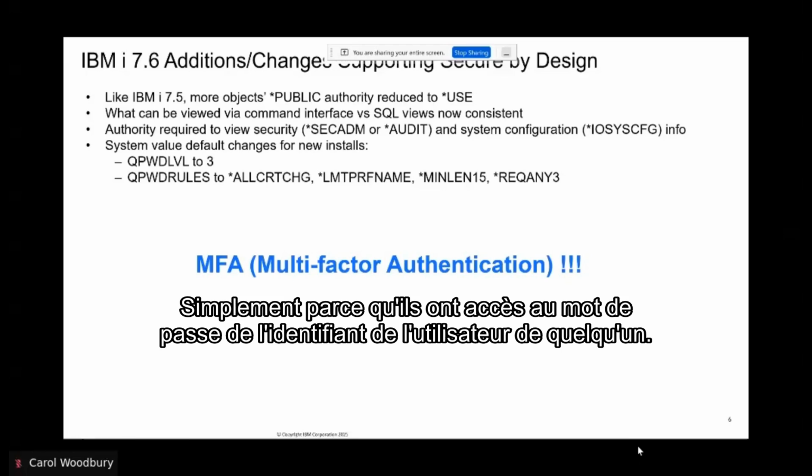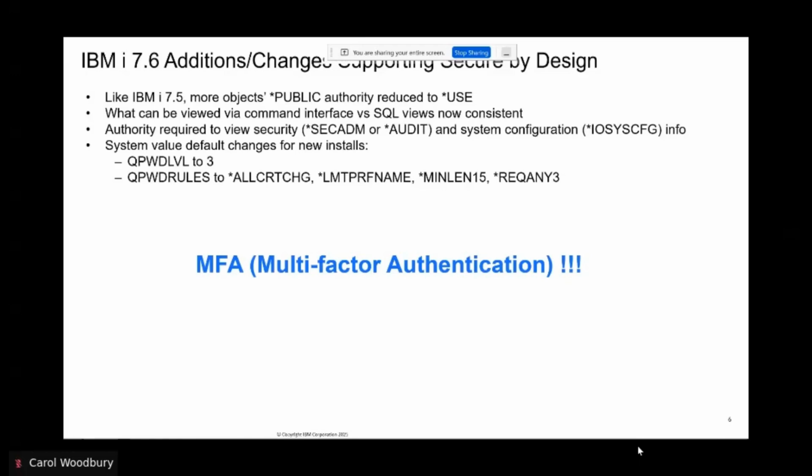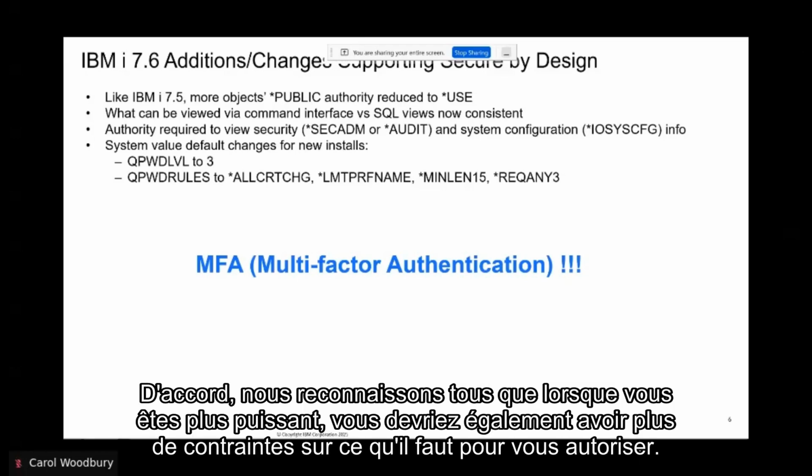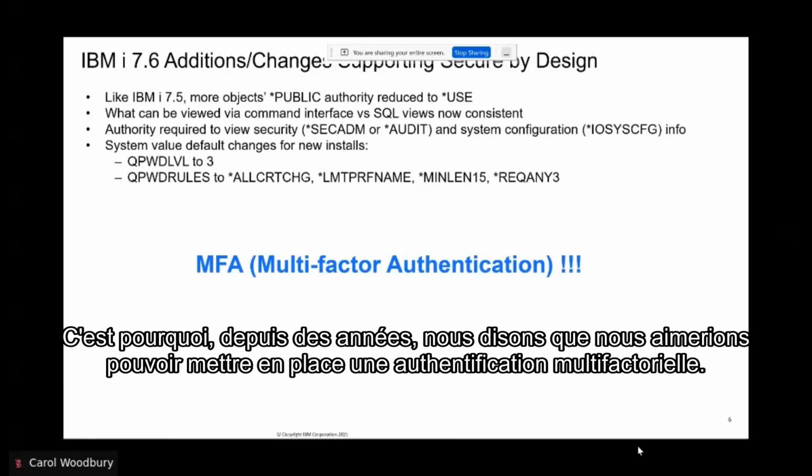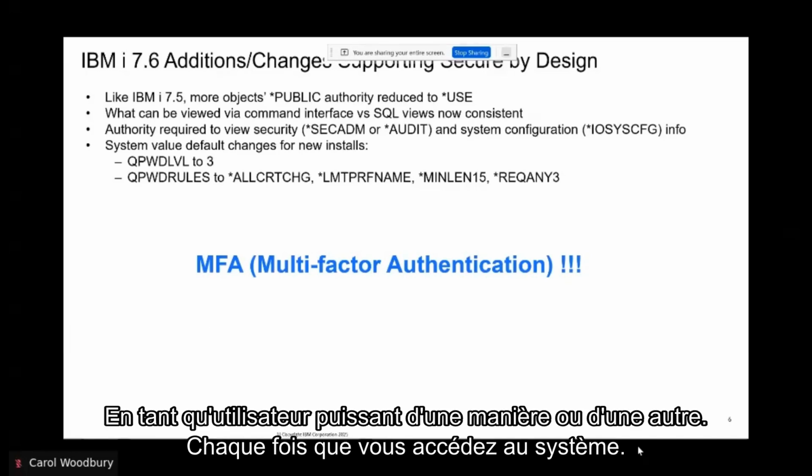We all recognize that when you are more powerful, you should also have more constraints on what it takes to authorize yourself. And so for years, we have said we would like to be able to put multi-factor authentication in place anytime you are going to be accessing the system as a powerful user of one sort or another.